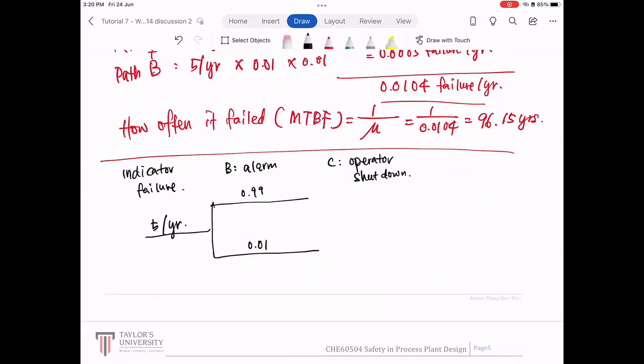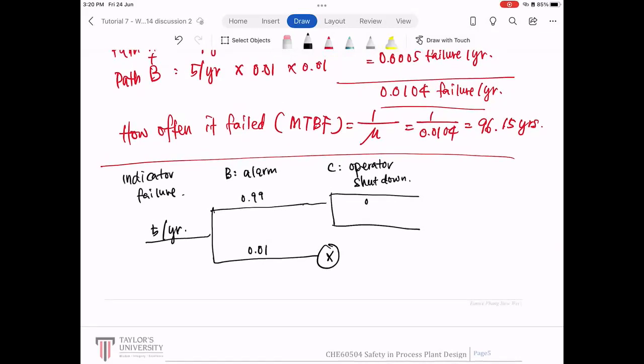And so if the alarm didn't ring, will the operator shut it down? The operators most likely won't see. So this is a runaway system. And the operators only manage to shut down 80% of the time, and 20% of the time it fails. So this one's failed again, and this one managed to close it.